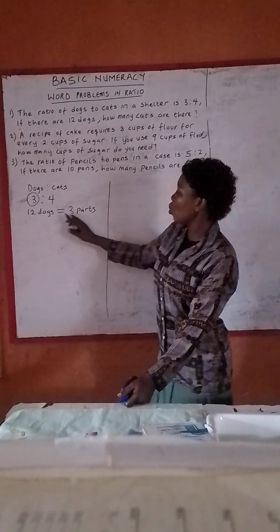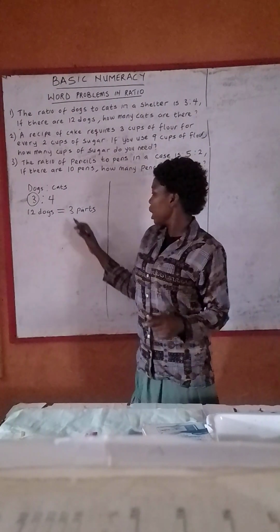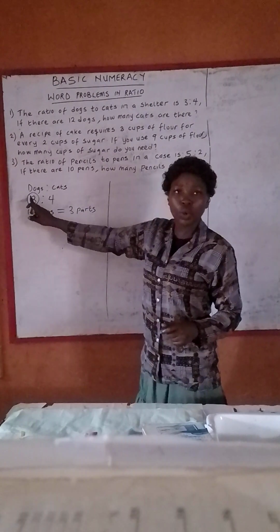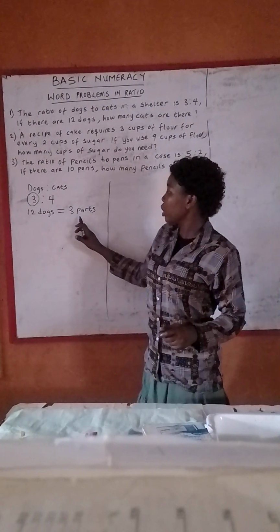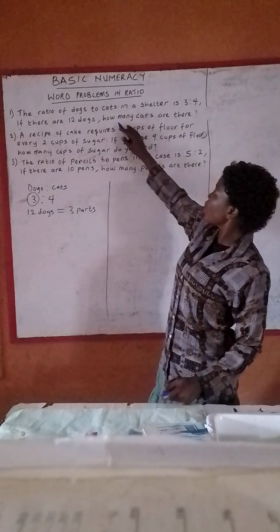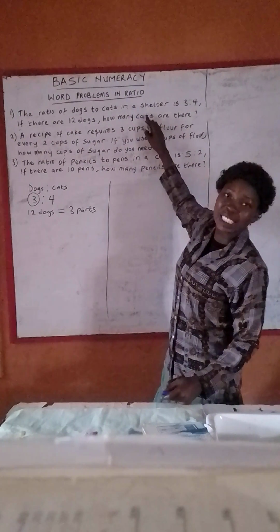All we need to do here is to get 1 part of this ratio. The problem they put before us is to calculate how many cats.